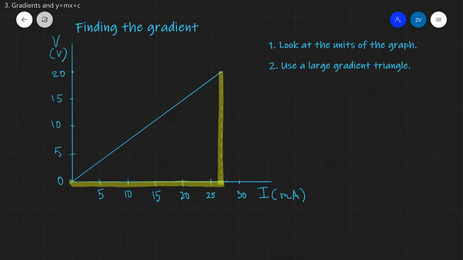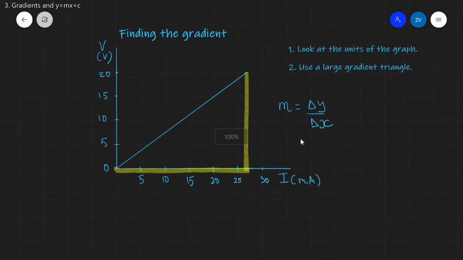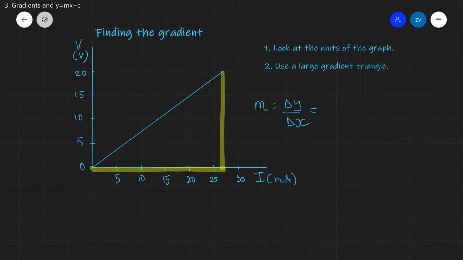Now I'm going to call my gradient m, and this will be change in y divided by change in x. A good way of remembering this is rise, change in y, divided by run, or rise over run, delta y over delta x. So let's do some calculations. Our delta y will be equal to y2 minus y1, and our delta x will be equal to x2 minus x1. Now our y1 and x1 are actually going to be 0 because the graph starts from the origin.